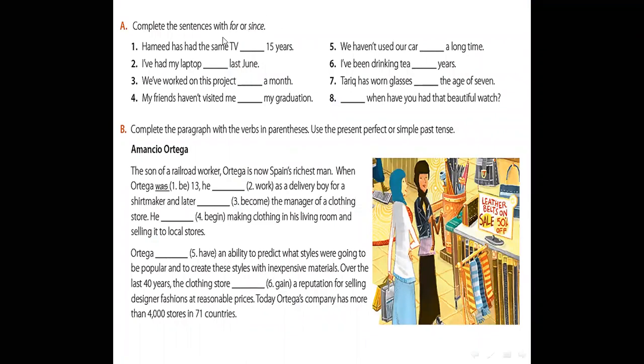It's a very easy exercise. Can you answer quickly? Excellent. Number 1. Hamid has had the same TV 15 years. Keep in mind, 15 years. So we use, excellent, for. Thank you. For. What about number 2?